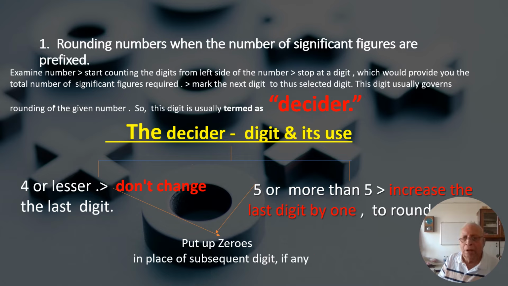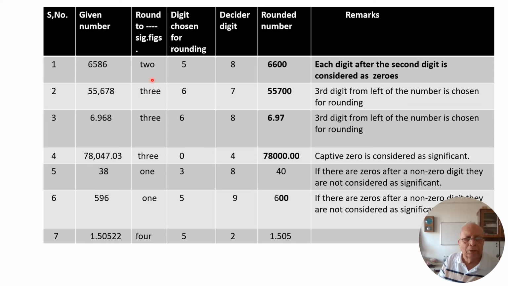Now, there is a table which will give you examples of rounding to different numbers of significant digits, and there are different numbers. You can go through it, and the digit chosen for rounding is also represented.